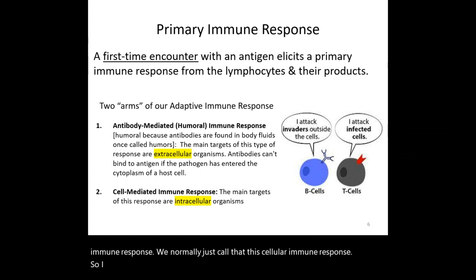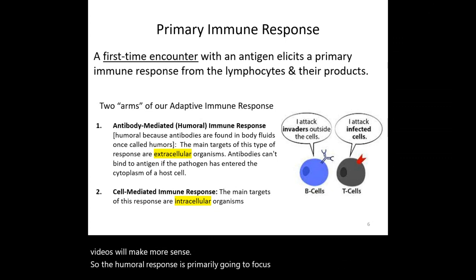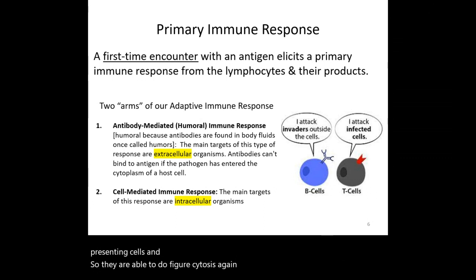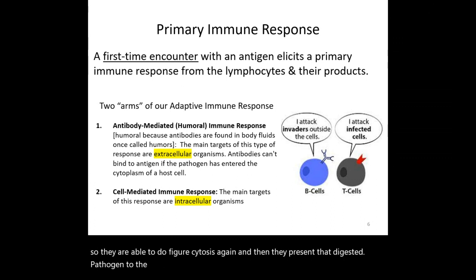I want to compare and contrast them a little bit right off the bat so that future videos will make more sense. The humoral response is primarily going to focus on B cells. They're called B cells because they mature in the bone marrow. Now, B cells are a type of antigen-presenting cell, and so they are able to do phagocytosis, and then they present that digested pathogen to the rest of the body.